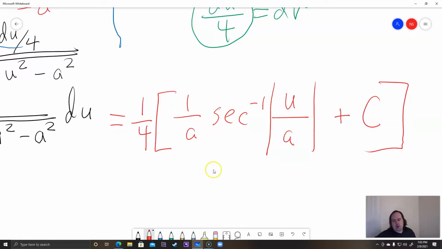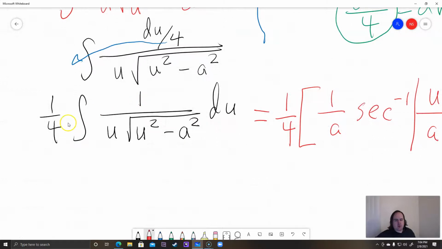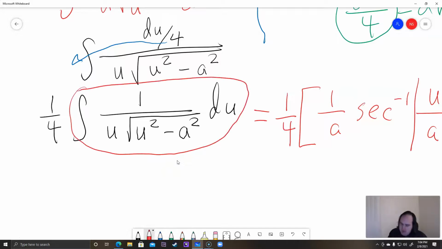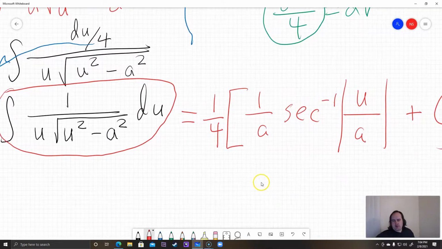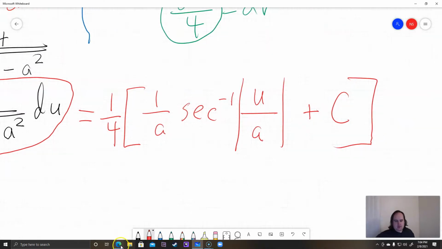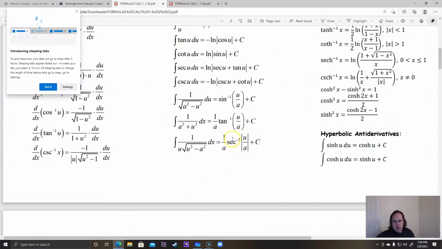And I wrote the 1/4 because remember we had factored out a 1/4. But this part here, that's that integral. And I'm just using the formula from your formula sheet. So that one is 1 over a secant inverse of u over a, absolute value around that, plus c.